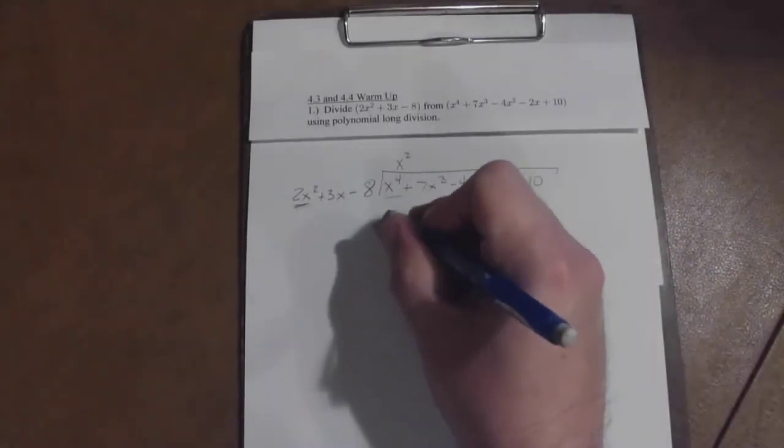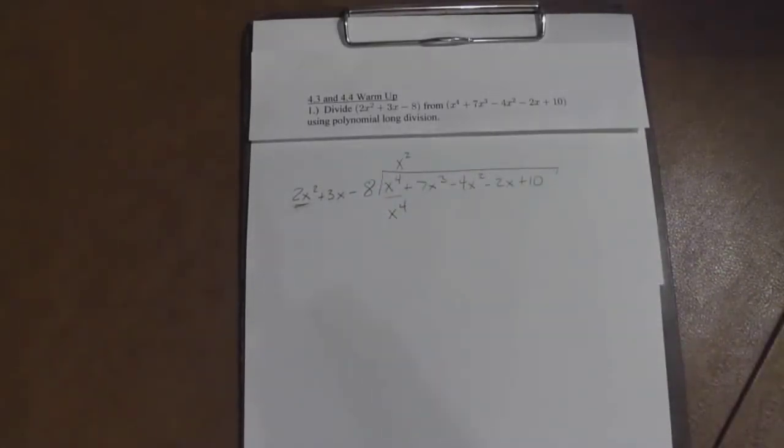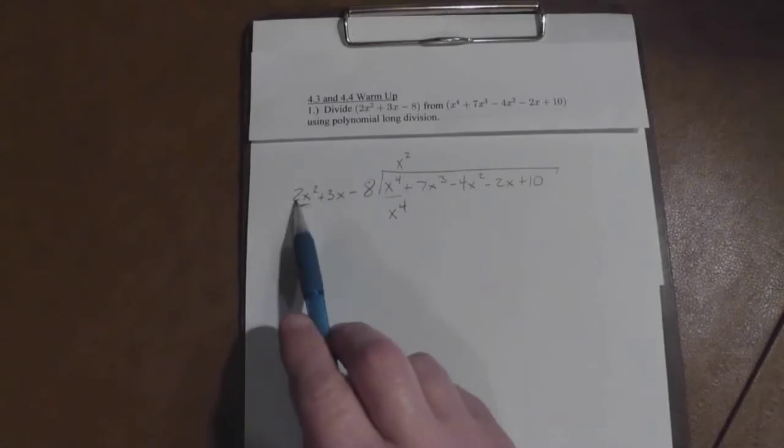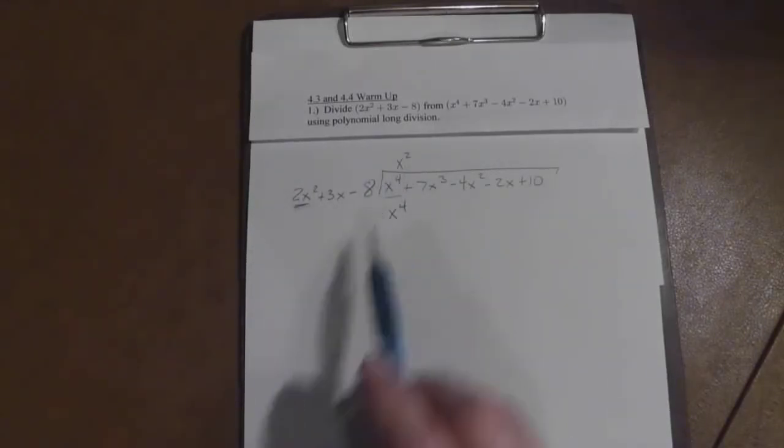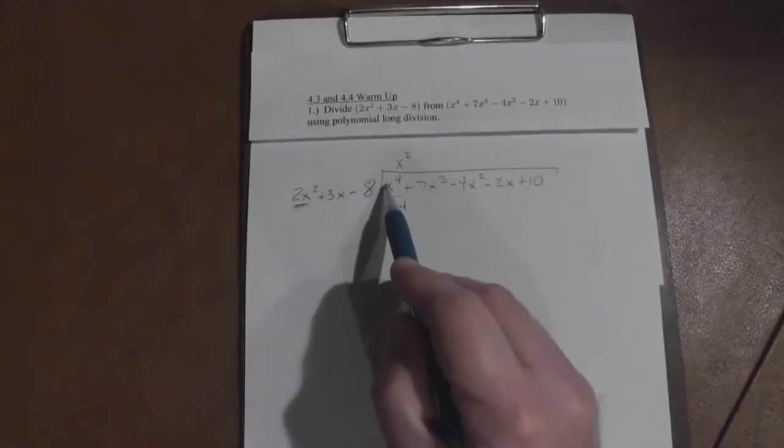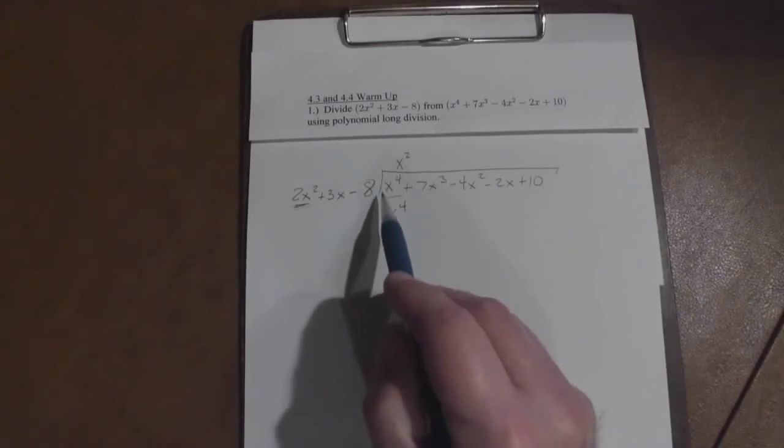X squared times x squared will yield x to the fourth. However, it will also, when multiplied by the 2, bring along the quantity of 2. But we don't want that quantity of 2. We need to make that quantity into the quantity of 1, the coefficient that would exist here in front of x to the fourth.